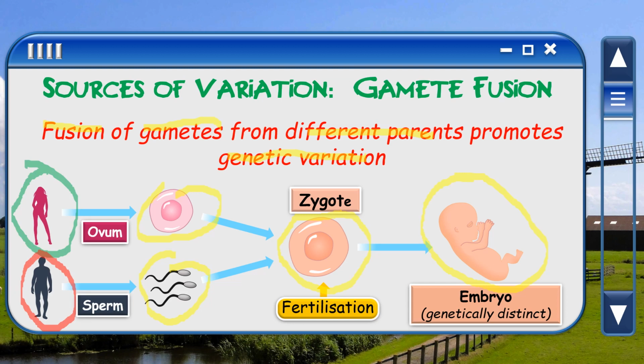So that fusion of gametes has brought about the variation of the offspring from the parents.